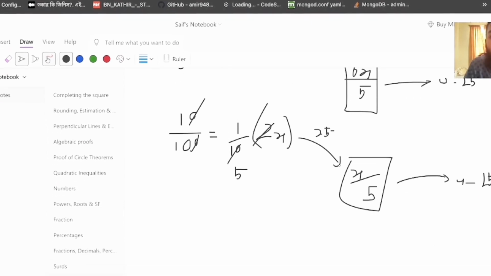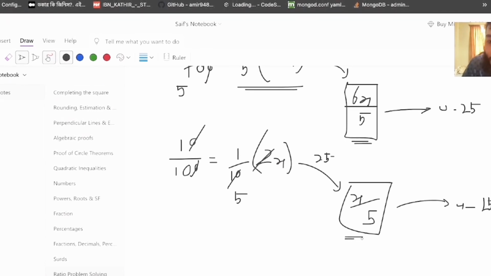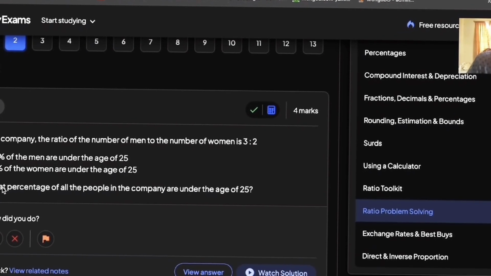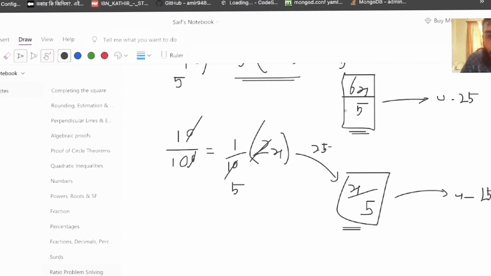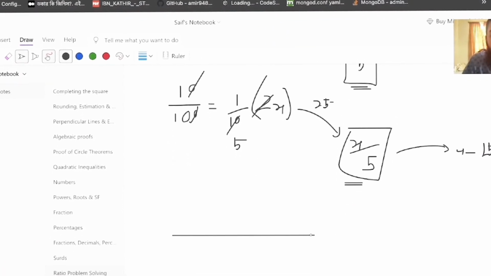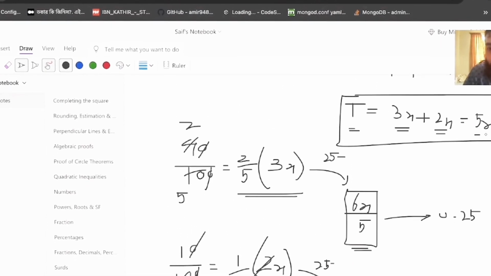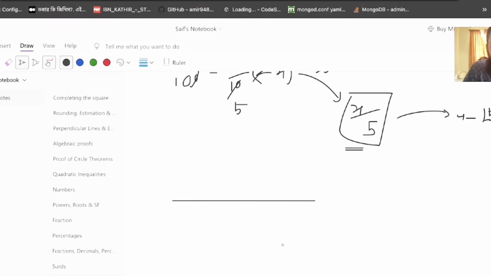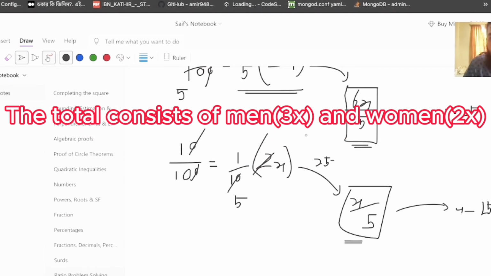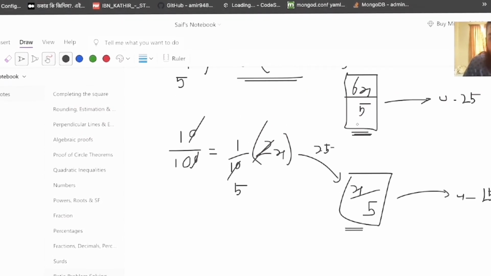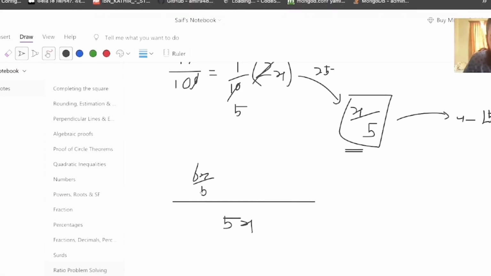Okay, so this is the number of men who are under 25, and this is the number of women who are under 25. So what percentage of all the people in the company are under the age of 25? For all the people, we know that the total number of people is 5x, right? The number of men under 25 is 6x by 5.